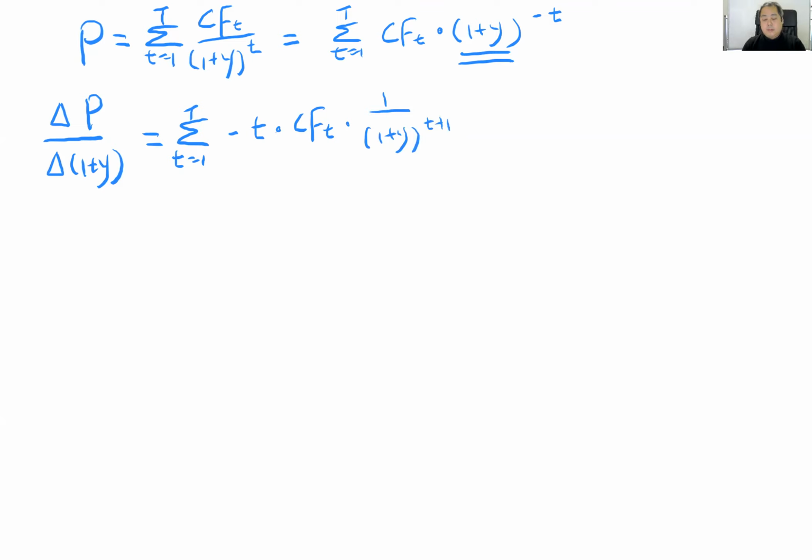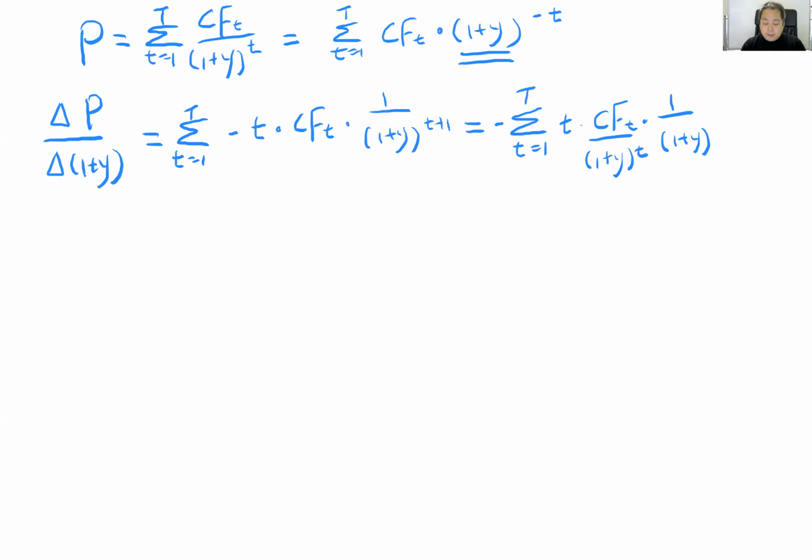We can also rewrite this as negative sum of t times cash flow t, times 1 over (1 plus y) to the t, times 1 over (1 plus y), so that we have (1 plus y) to the t plus 1 as the denominator.